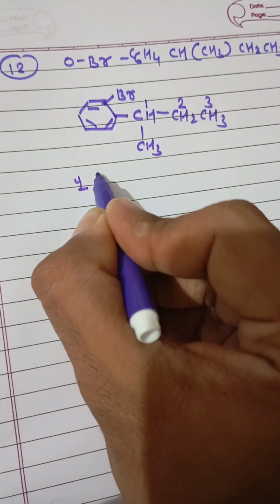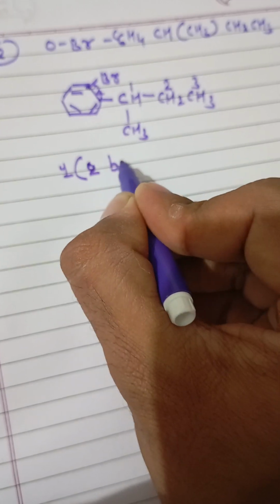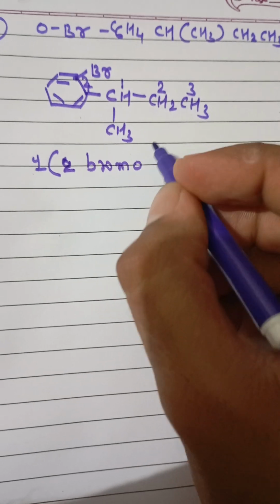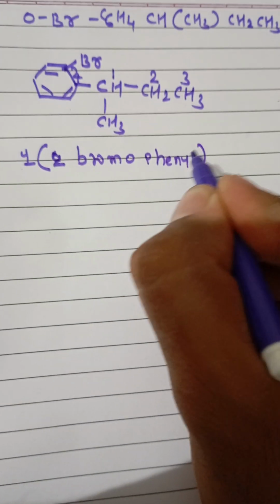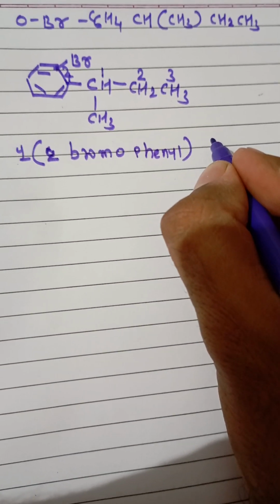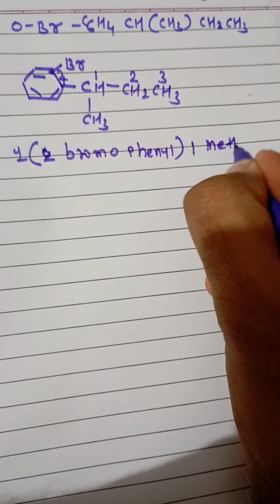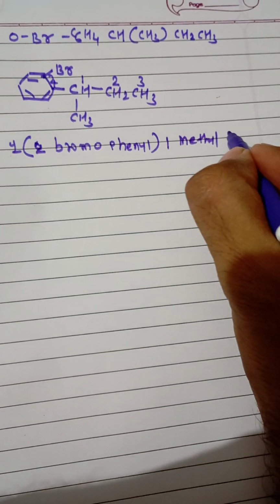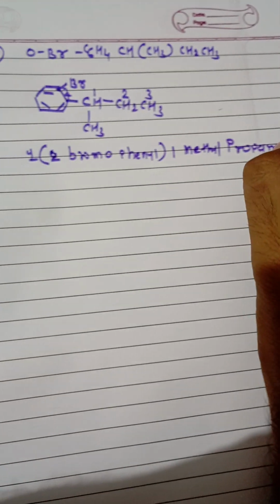On the very first carbon there is a 2-bromophenyl. In total we have 3 carbons, so it is called propane, where the very first carbon has a methyl substituent, so 1-methyl. The name is 1-(2-bromophenyl)-1-methylpropane.